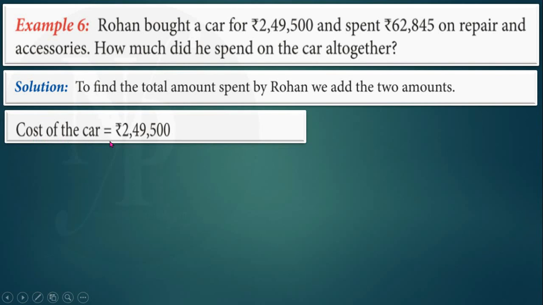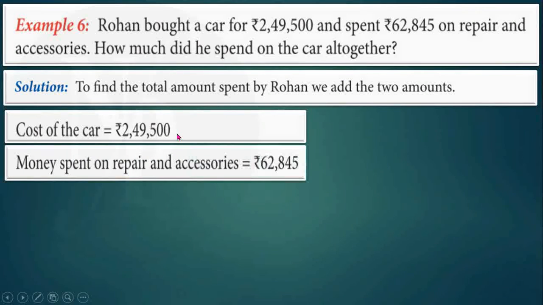The cost of the car is equal to rupees 2,49,500 and money spent on repair and accessories is equal to rupees 62,845. So to find the total amount he spent, we need to add these numbers.